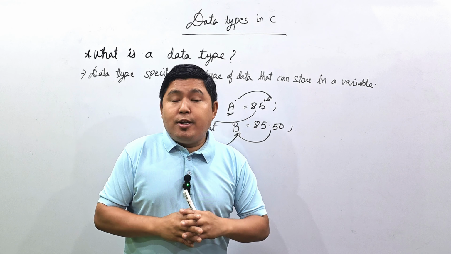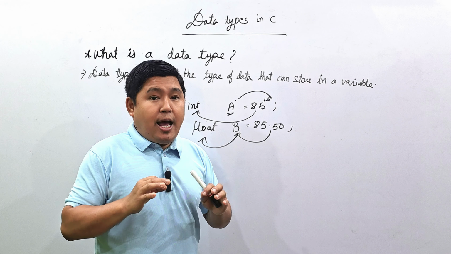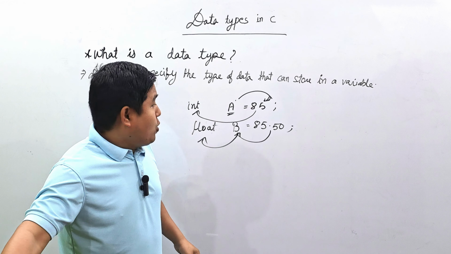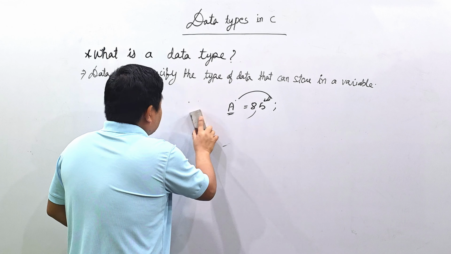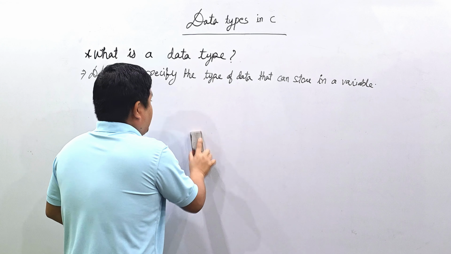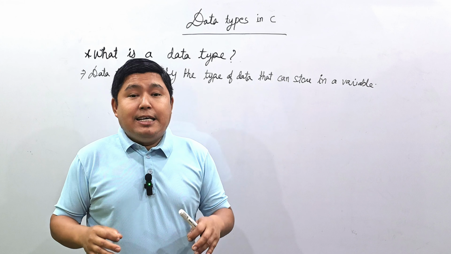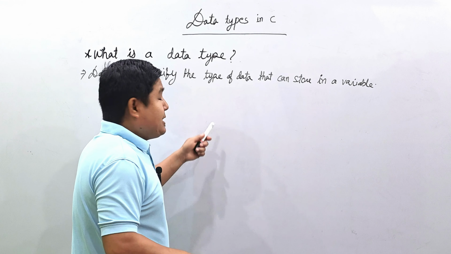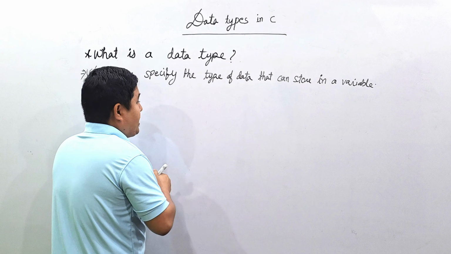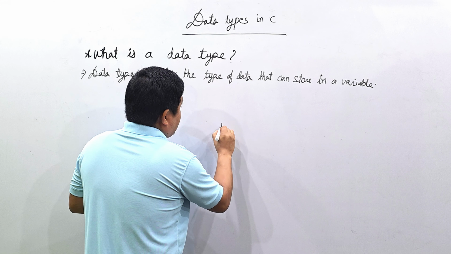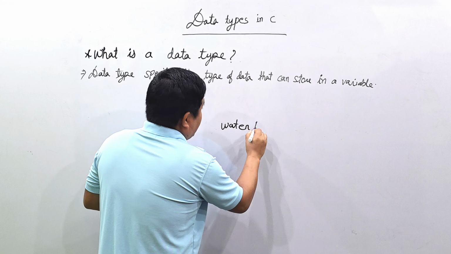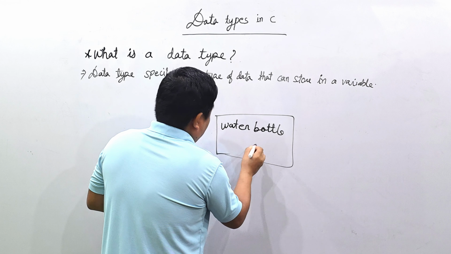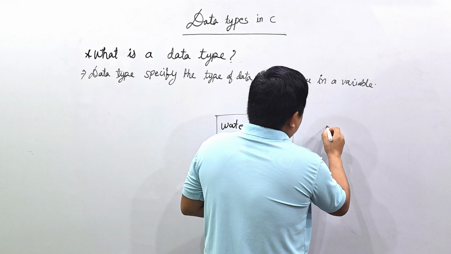Let's take one more example, and I'm sure you can easily understand what exactly a data type is. A data type is like a container that can store different data. Let's suppose we took two containers. One is a water bottle and another one is a lunch box.